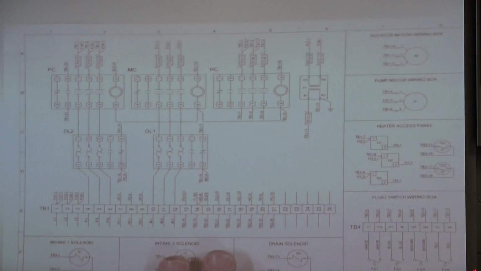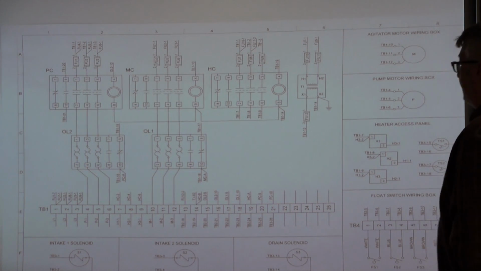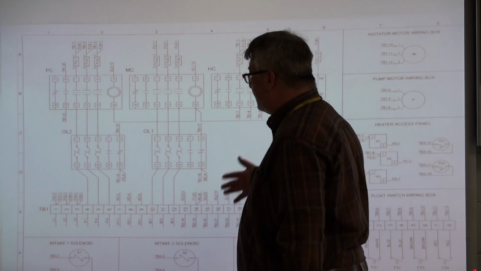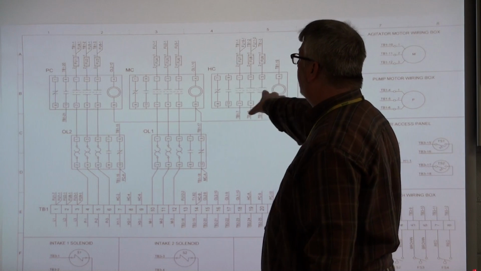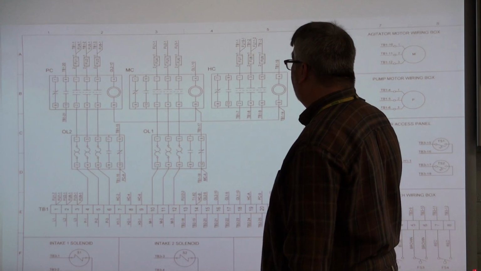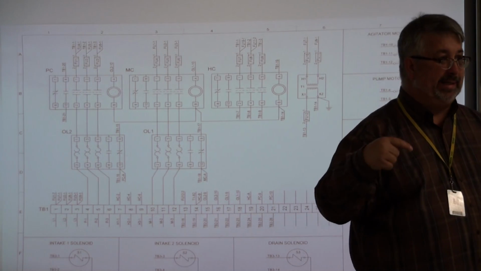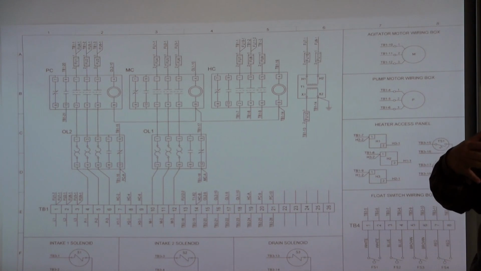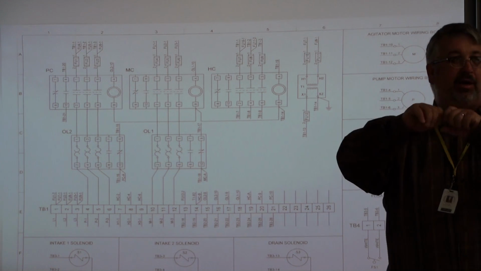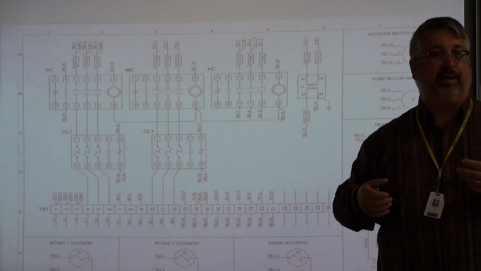Page 3 is really on steroids. Actually, it's not that bad. It's landscape. There's page 3. Now, page 3 is nothing but a series of terminal blocks, except for these contactors and things. The reason we use terminal blocks is it's a whole lot easier troubleshooting a cabinet with terminal blocks in there than all these wires tied together with wire nuts.